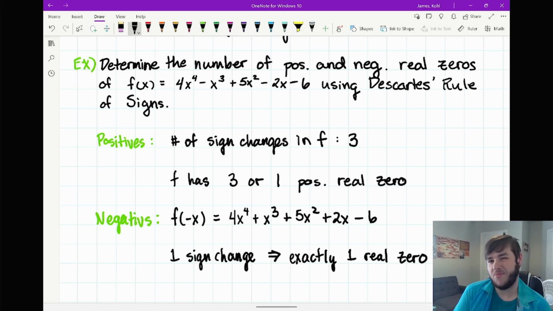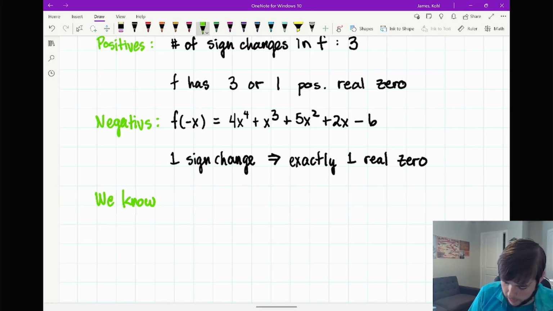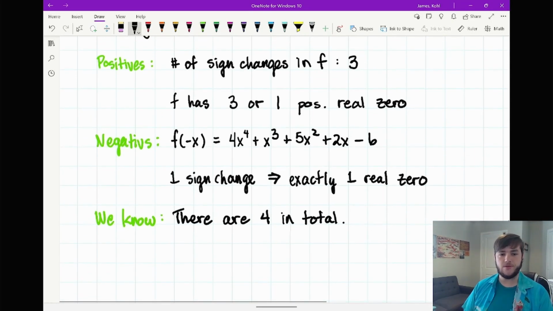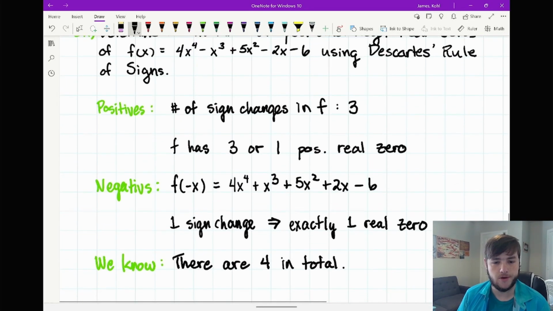So, how many positives are there? Well, we don't actually know necessarily. What we do know is there are 4 zeros in total, and that's by the fundamental theorem of algebra, because this is a fourth degree polynomial.